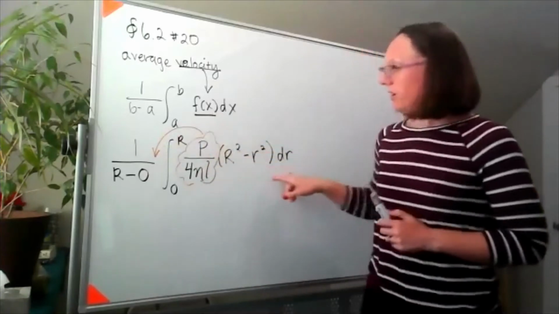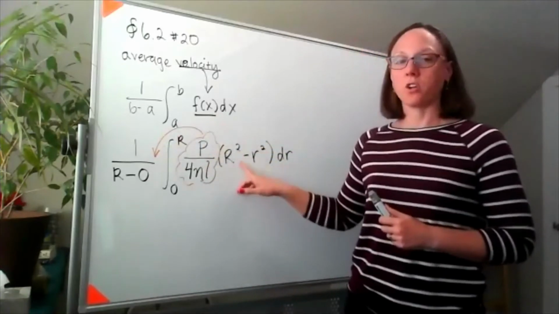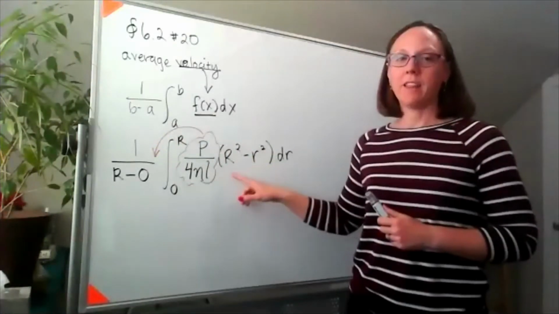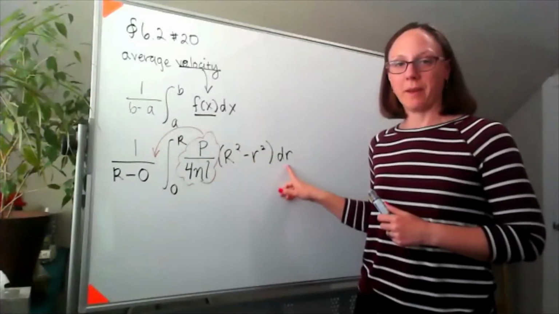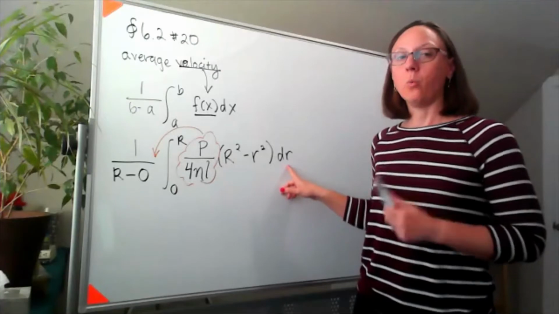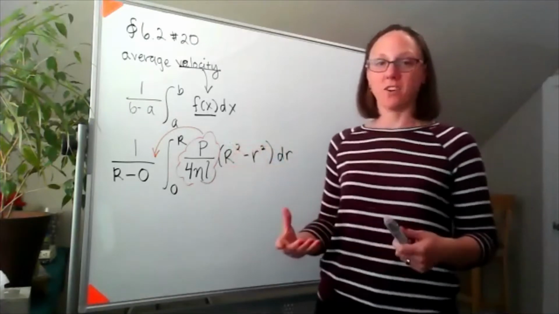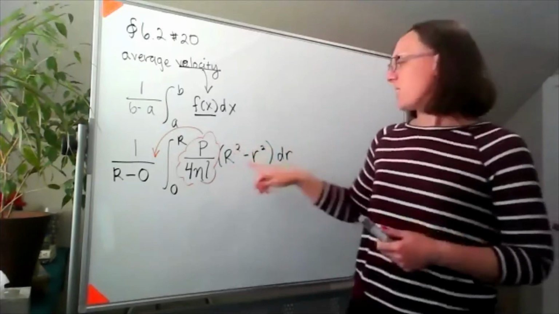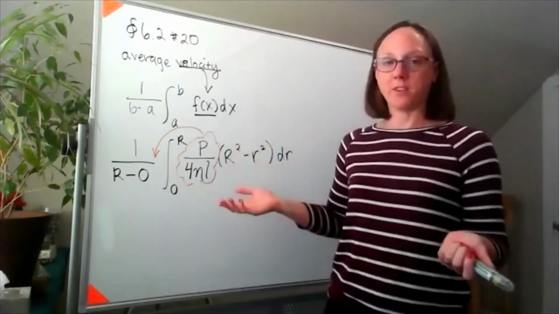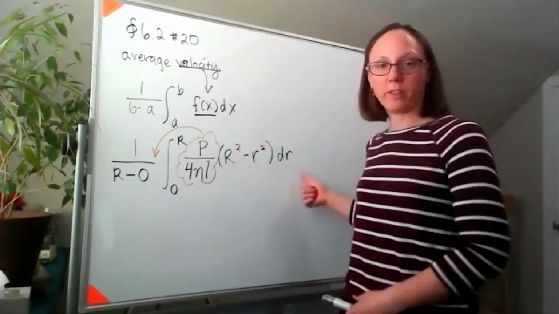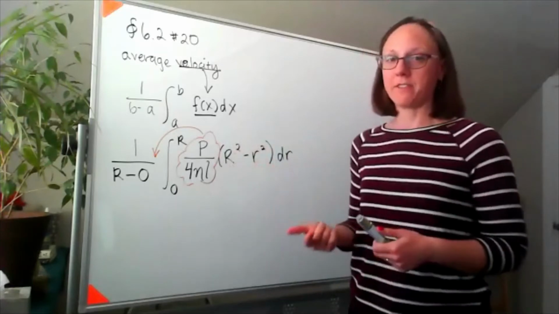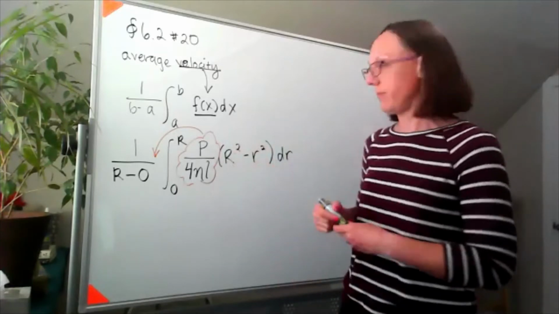And then that leaves us with big R squared minus little r squared that we would be integrating with respect to little r. With respect to little r, this big radius is a constant. So if this just said 5 squared, then if I integrate that with respect to little r, I get 5 squared times little r.